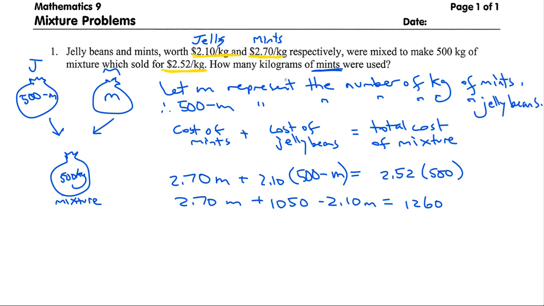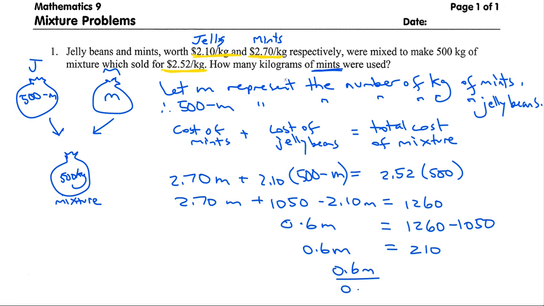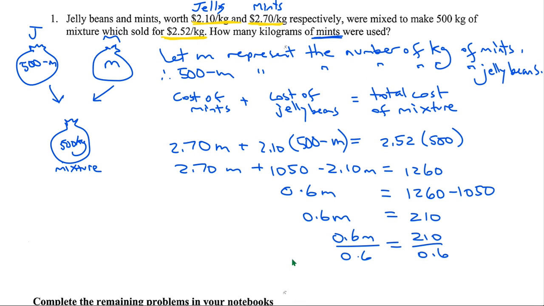Now I'm going to take 2.70M minus 2.10M, and I get 0.6M, and we'll subtract 1050 from both sides, and I get 0.6M equals, using the calculator, 1260 minus 1050, which is 210. Divide both sides by 0.6, and we get 350.